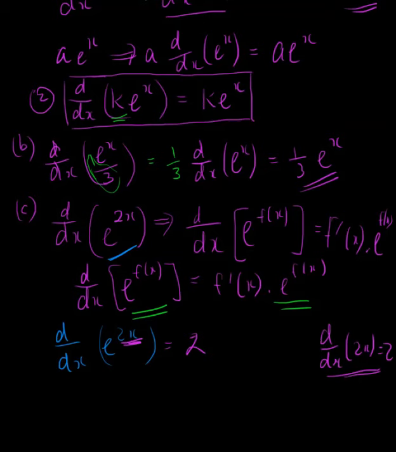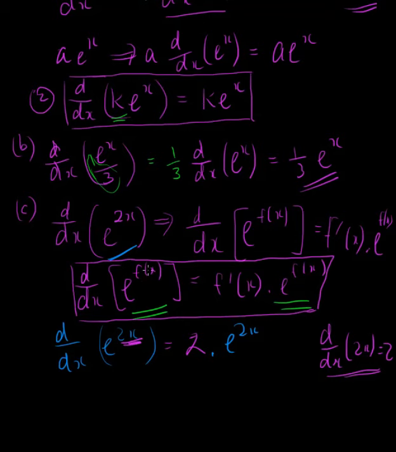Now the rest of it should be exactly the same. Multiply by e to the power of 2x, right? So the formula here, if you're differentiating something that is not just e to the power of x, but e to the power of something else, then the formula for it is that you take the differentiation of the power and you multiply it by the original function.